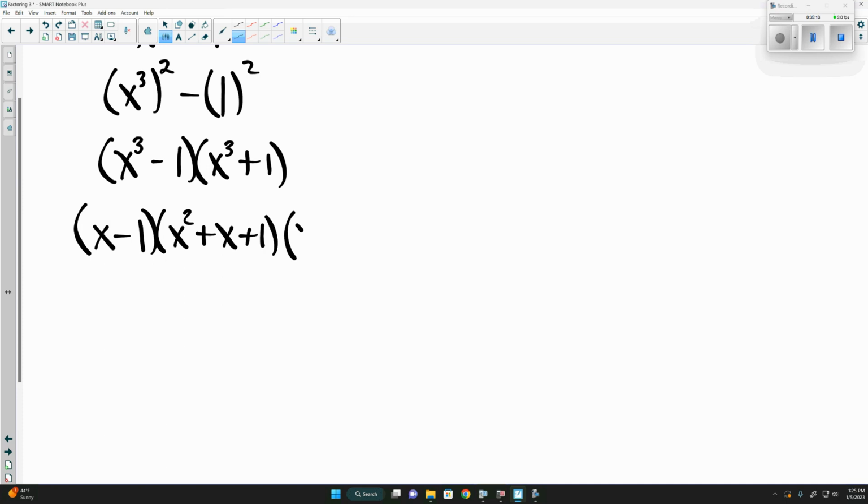And this one here would be x plus 1 times x squared minus x plus 1. So essentially I could use both of them to get there, but it still works no matter how we set it up. They still work.